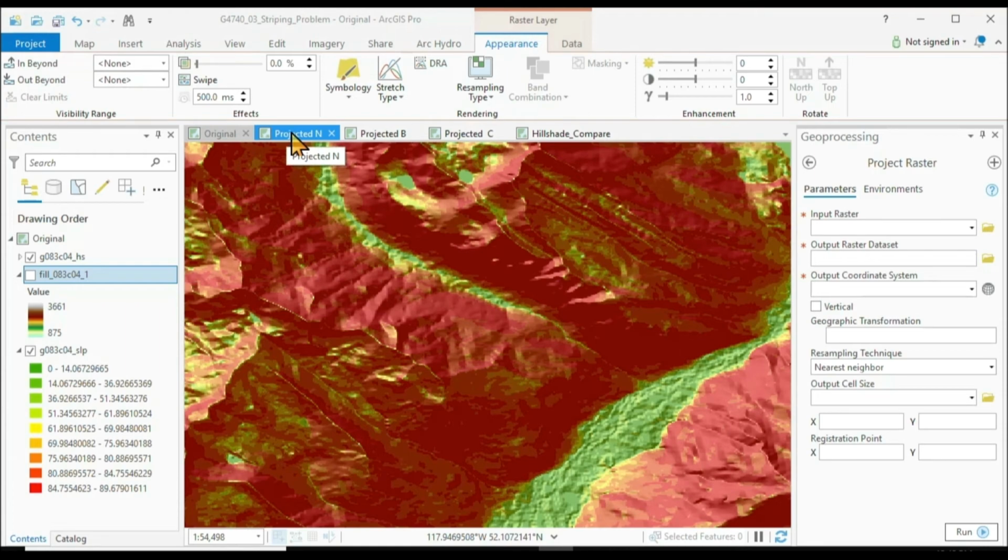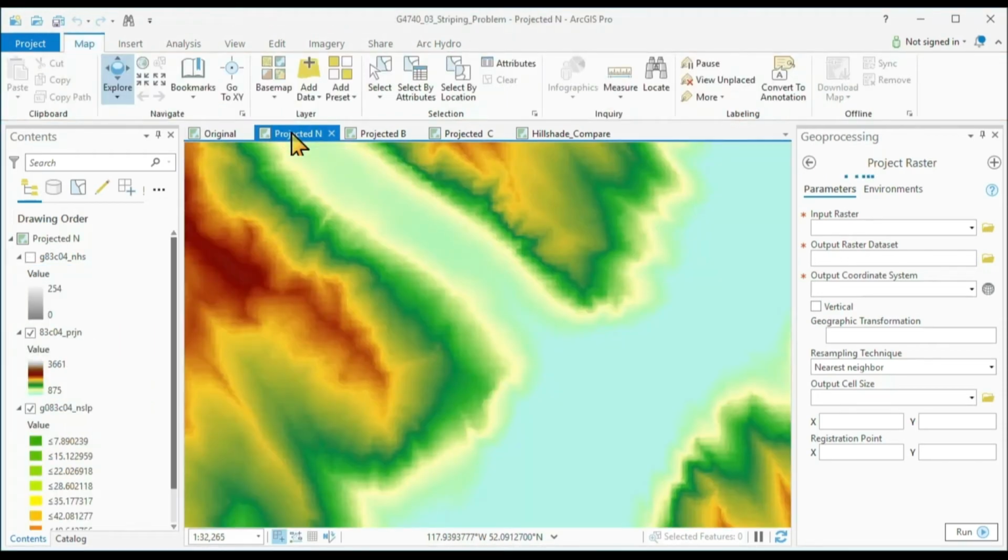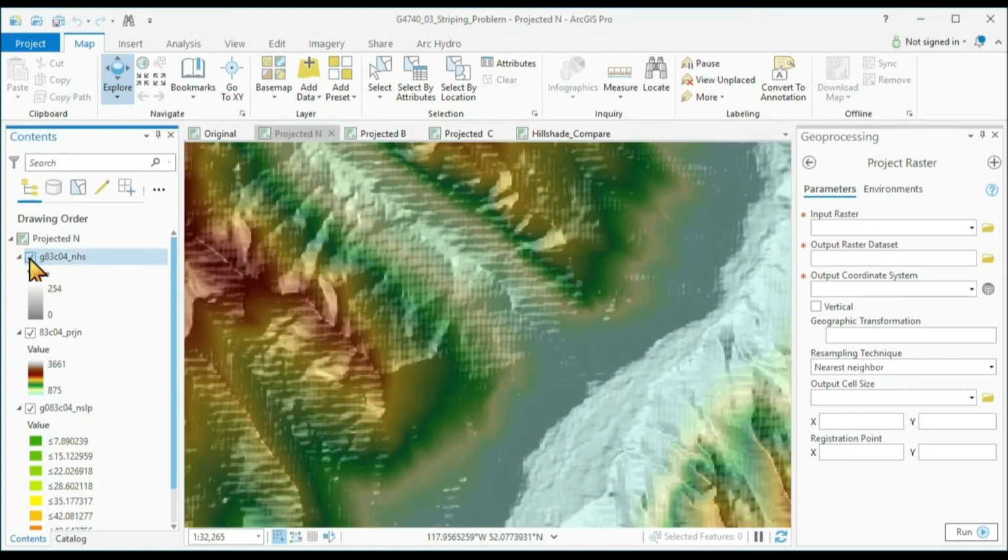The result looks something like this. Here's our elevation. Here is the same hillshade that we derived. Now we see more areas in a lighter region, but the hillshade has some striping issues. So something went wrong that isn't really in the terrain.